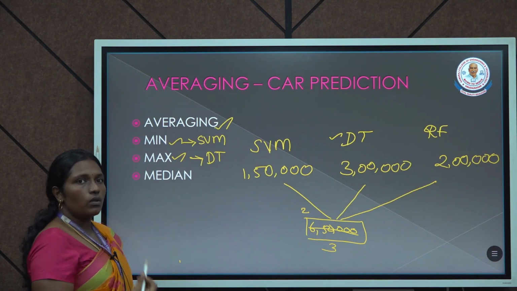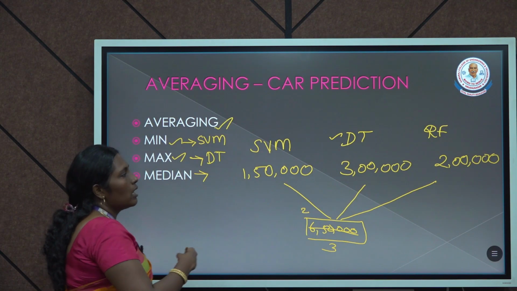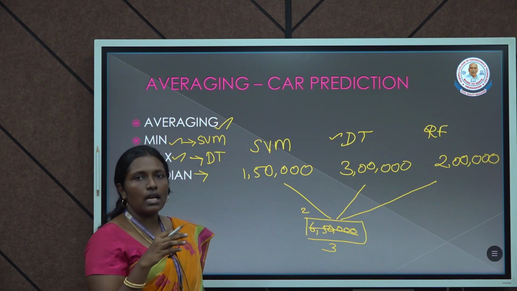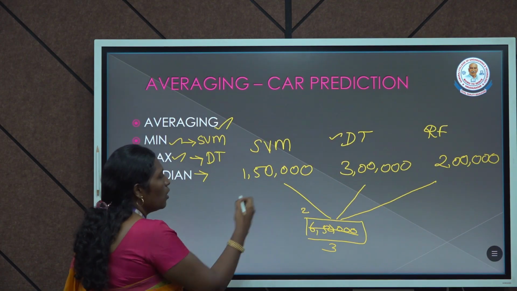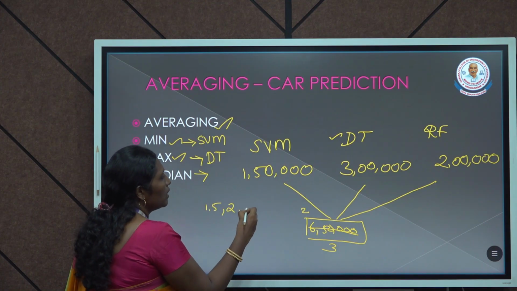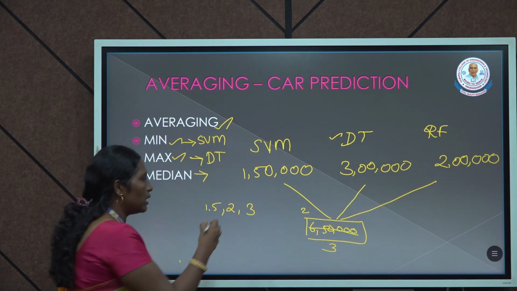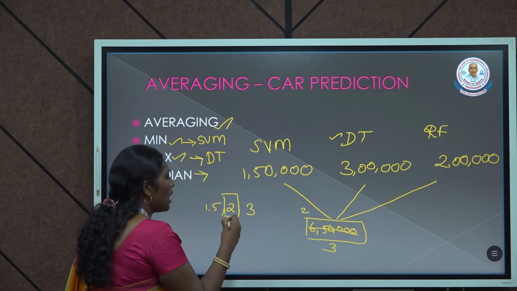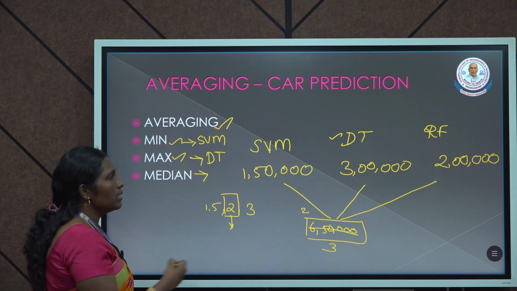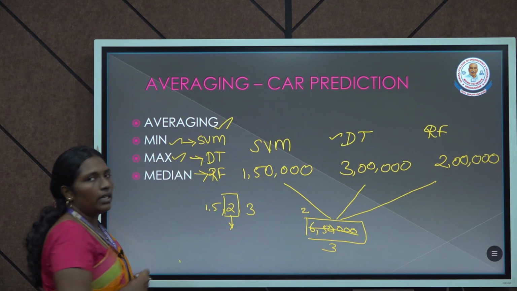The next method is median. I will arrange the values in ascending order, that is 1,50,000, next 2 lakhs, next 3 lakhs. Then I will consider the median value, the center value, as my output, that is I will consider random forest as my output for the median.